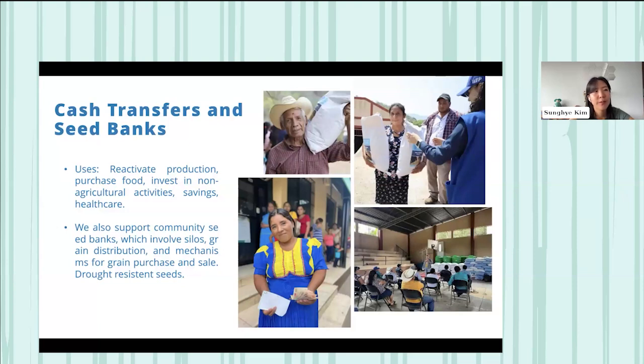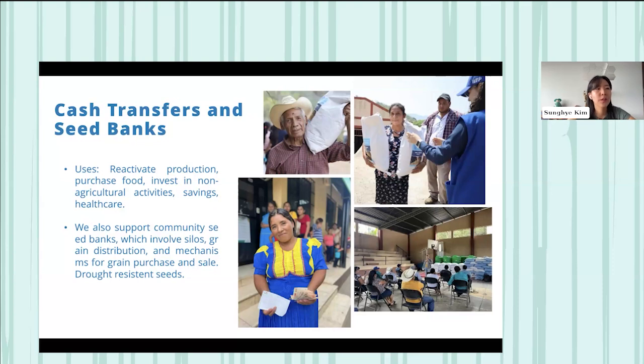Cash transfers have been utilized for several purposes, like reactivating production, purchasing food, investing in non-agricultural activities, saving money, and accessing healthcare.